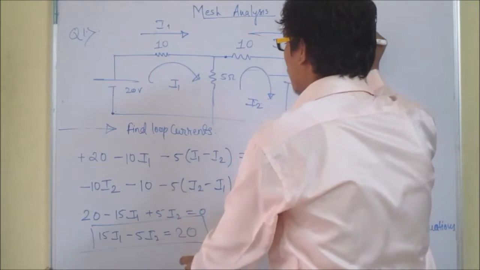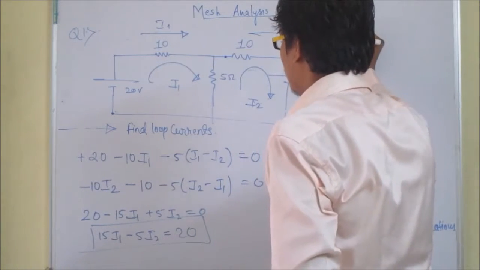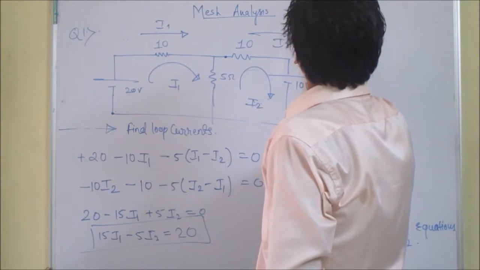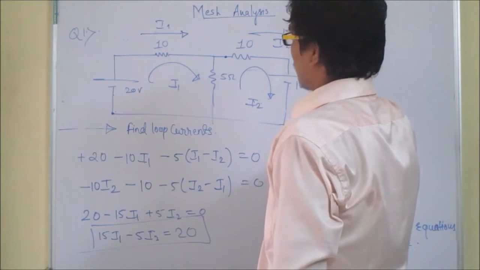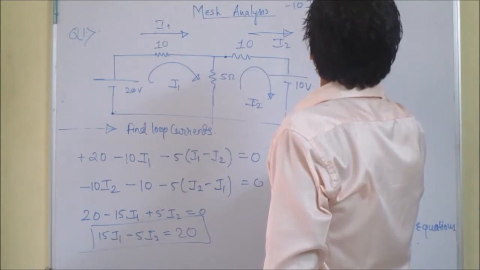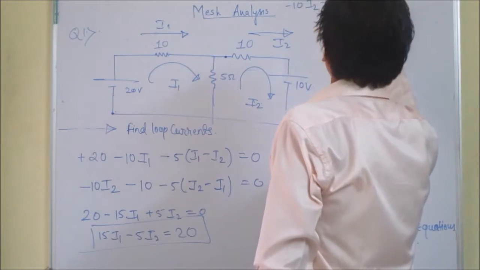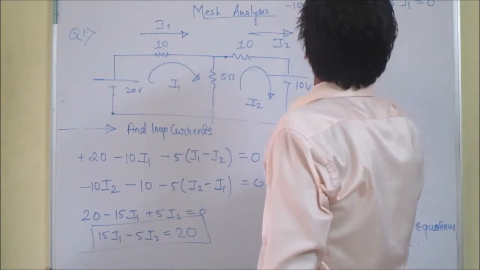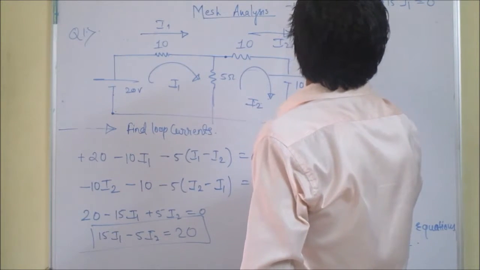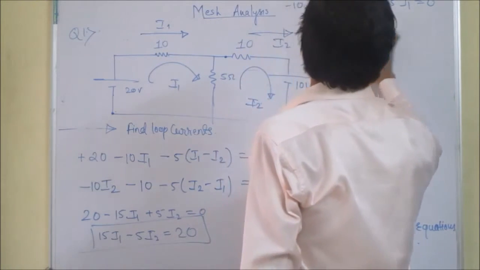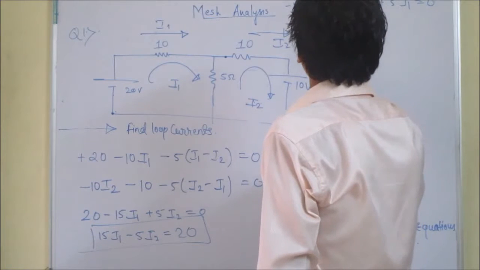Now over here, if my 10 goes on that side, minus 5 I2 plus 15 I1 is equal to 0, and here, sorry, there is 5.